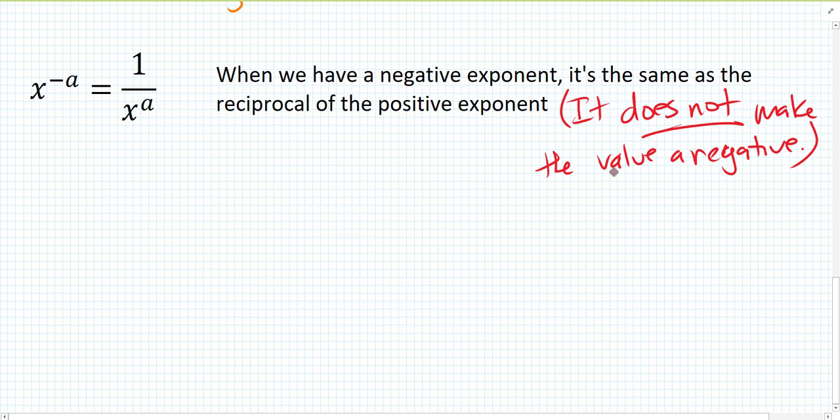Okay. So what I mean by that is if we have 5 to the power of negative 3, what that means is that we're going to have 1 over 5 to the power of positive 3.